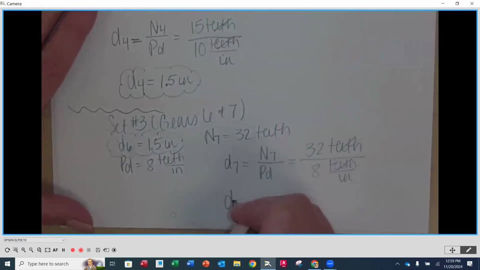You should get a diameter 7 equal to 4 inches.